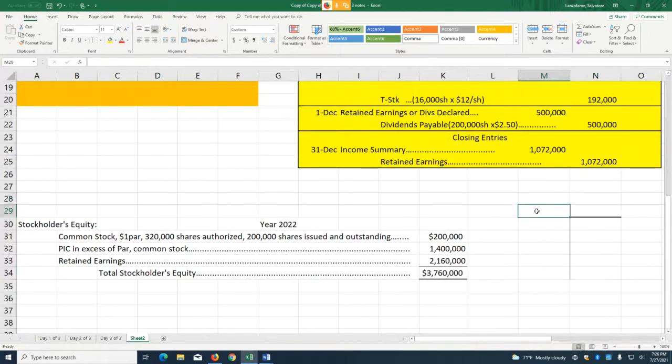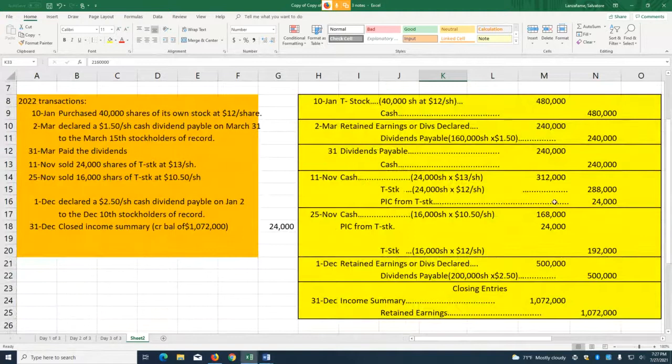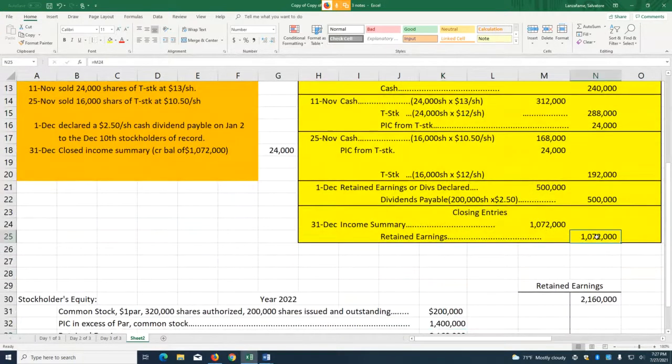Okay, so as far as retained earnings goes, we originally had 2,160,000 in retained earnings from here. But through the process of doing these journal entries, retained earnings was credited for 1,072.